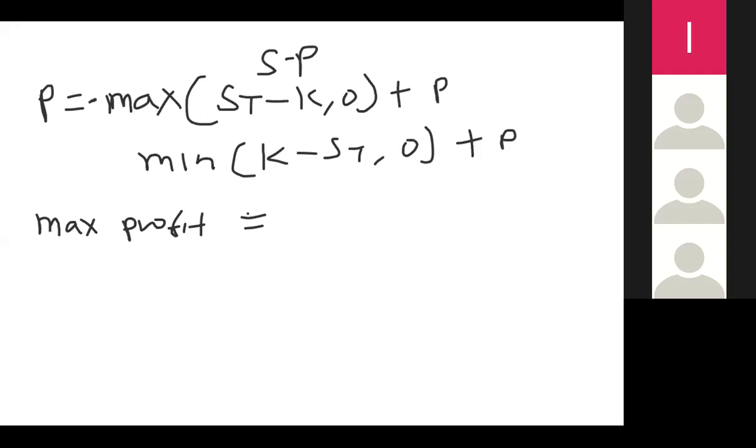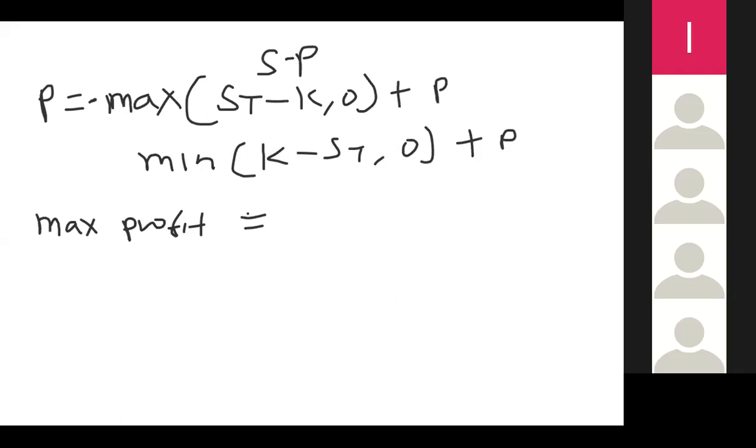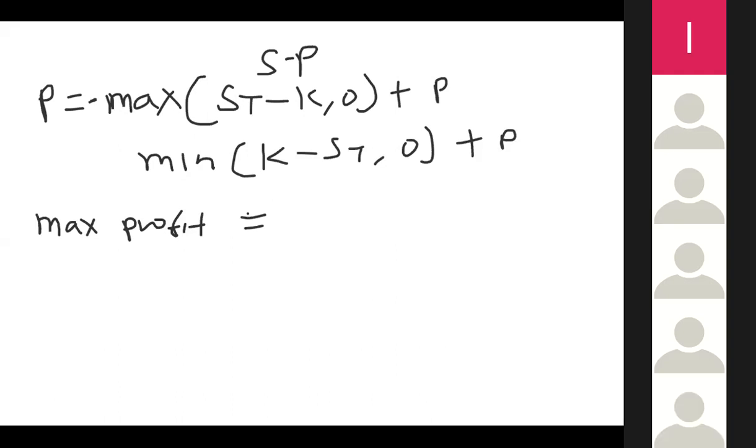Okay, look at something. We said if somebody takes a long position, the profit that the person makes becomes the loss of the other position, right? So if somebody has taken a long position and that person can make a maximum profit of infinity, then that means the person with the short position can also make a maximum loss of infinity.